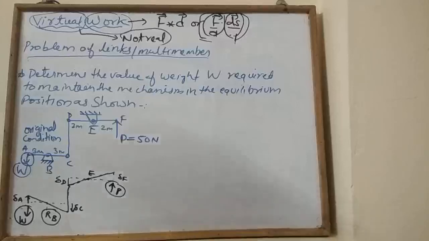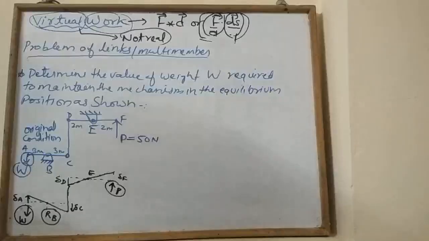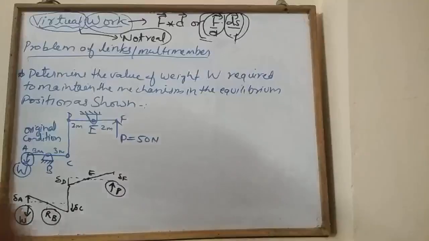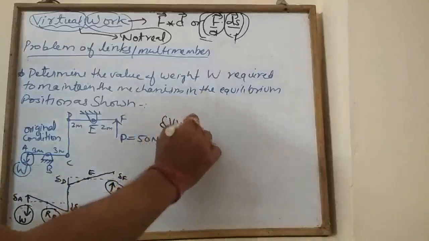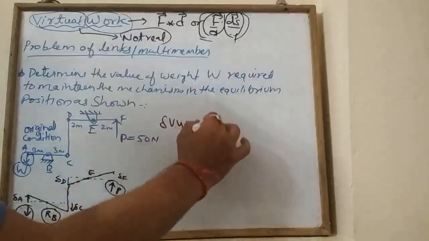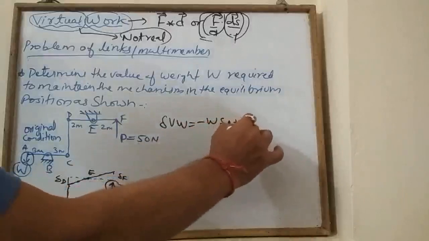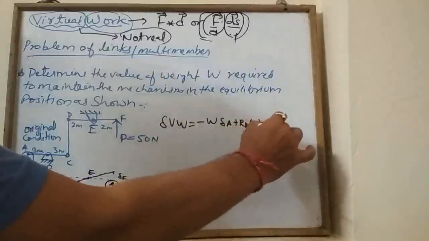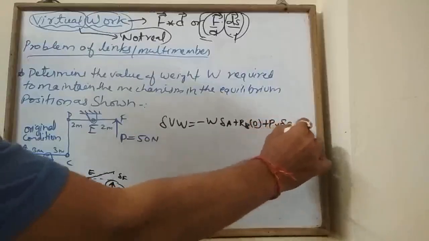So applying the virtual work concept, delta virtual work will be equal to, W and A are in opposite direction, so we'll have W into delta A negative, plus RB into 0, plus P into delta F equal to 0.